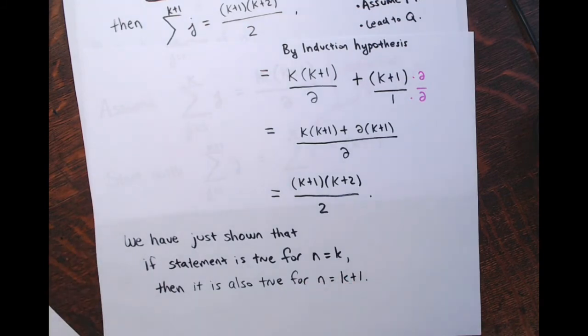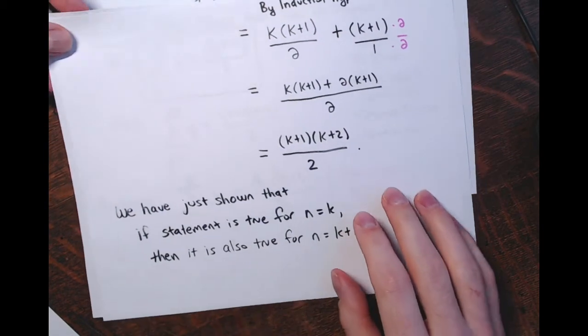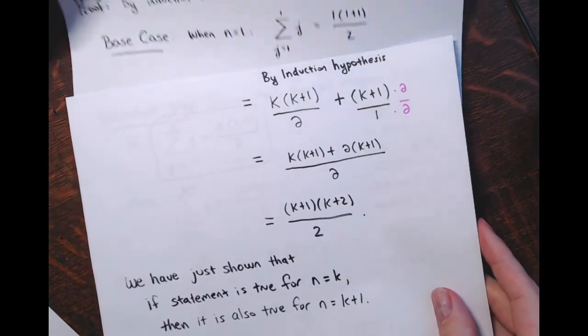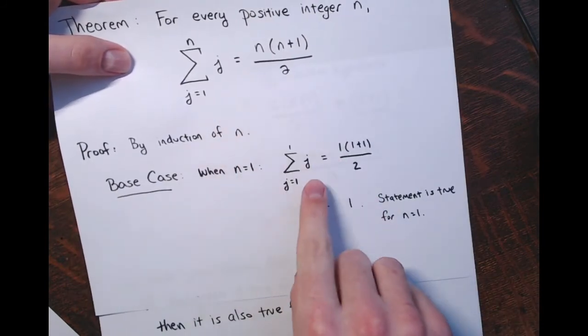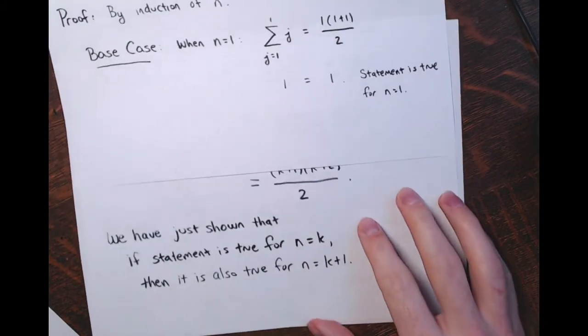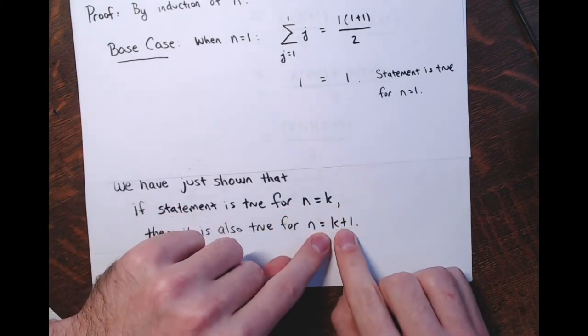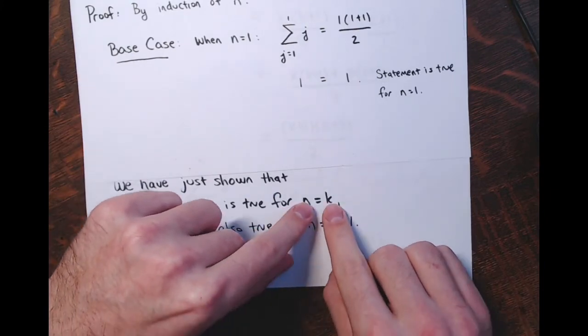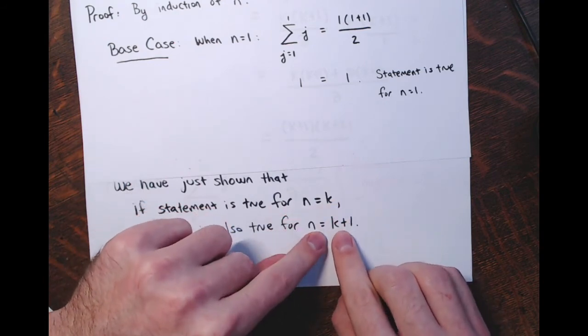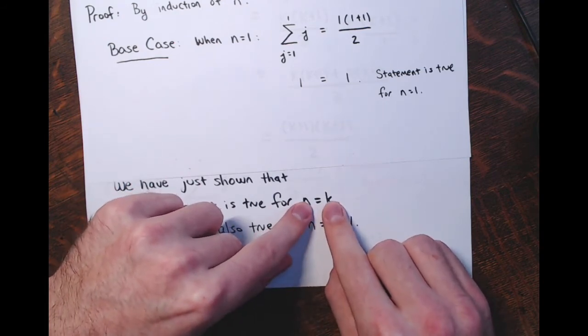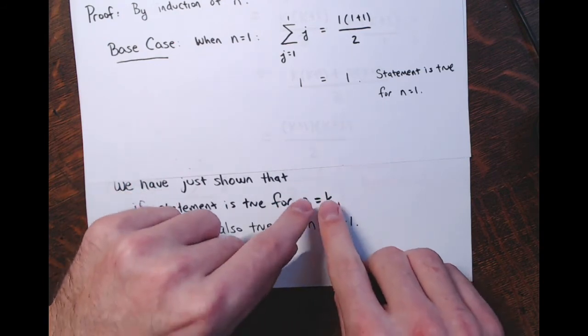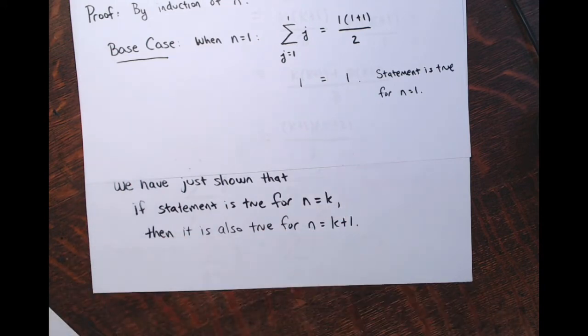And since we showed it was true for n equals 1, that base case, then it must be true for n equals 2. And since it's true for n equals 2, then it must be true for n equals 3. And since it's true for n equals 3, it must be true for n equals 4, and then 5, and then 6, and then 7, and so on and so forth.